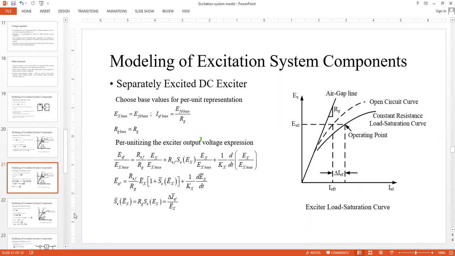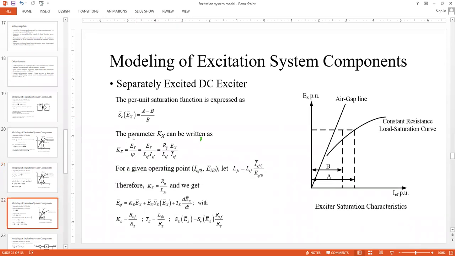Later on, probably from the next slide, we are not going to use these overbars, but the next part of the derivation belongs to per unit representation. We are dropping this overbar notation, okay? In the next slide you will not see these overbars anymore. In this slide, they are still there.